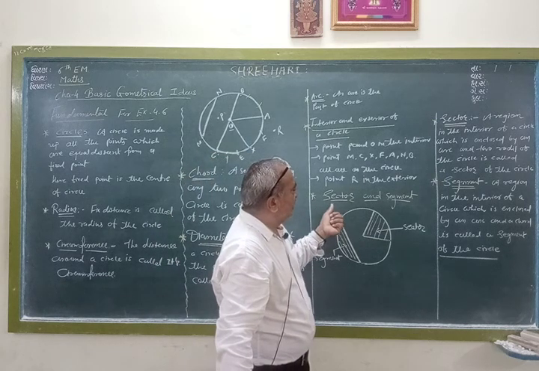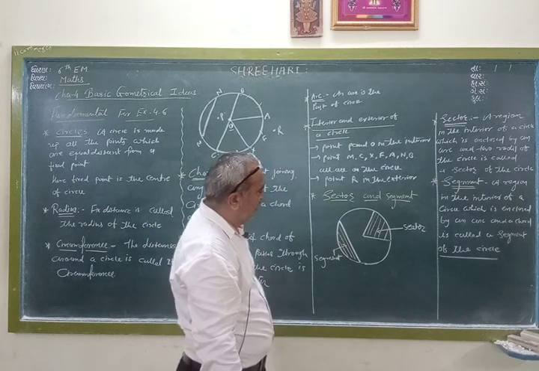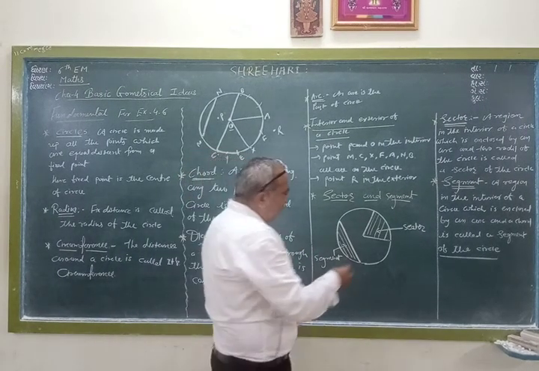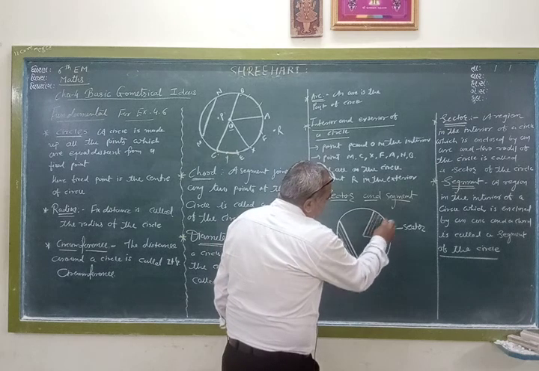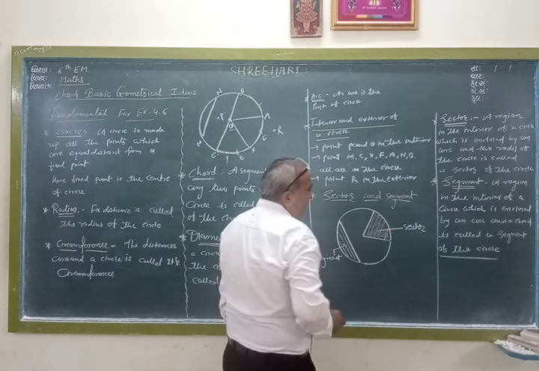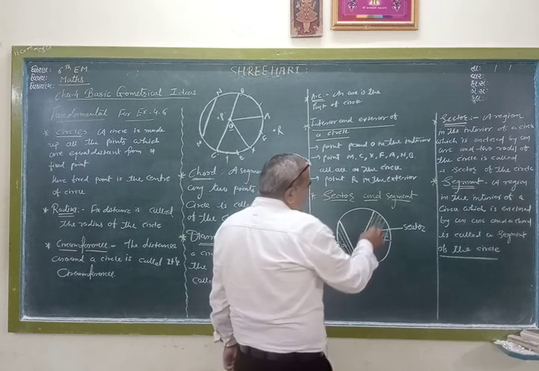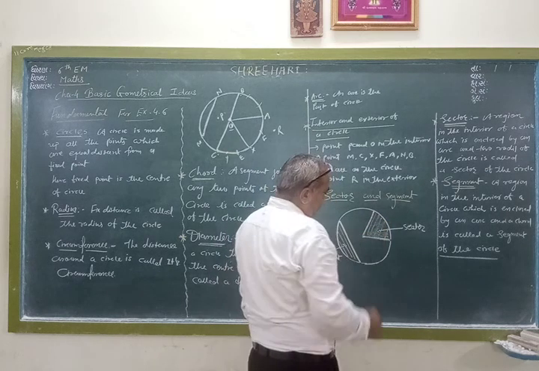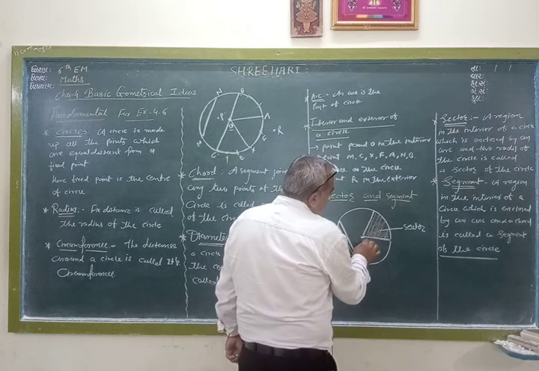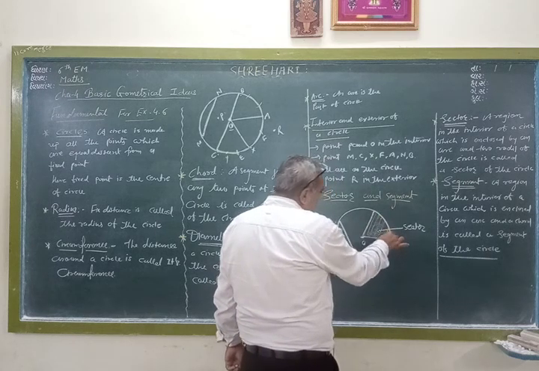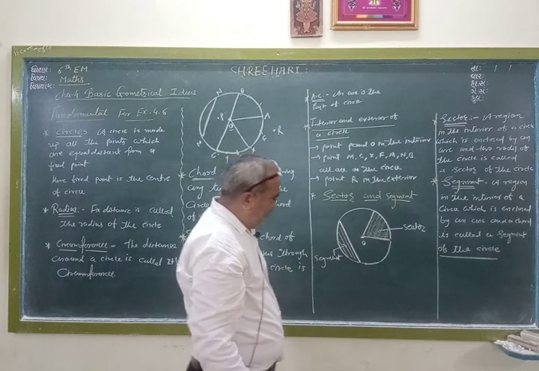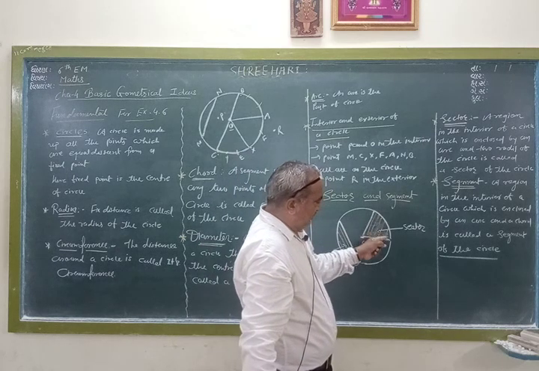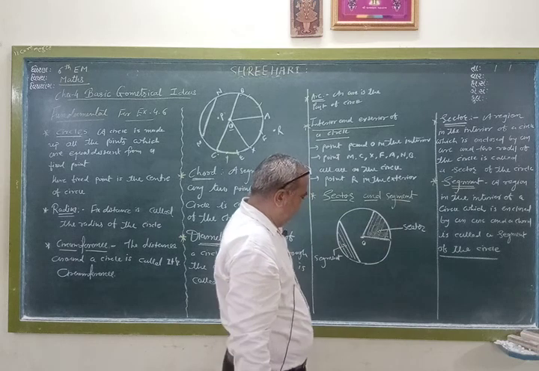Now sector and segment. So in this figure, you can see this part is a sector. So friends, what is the definition of sector? The union of two radii and an arc is known as a sector.